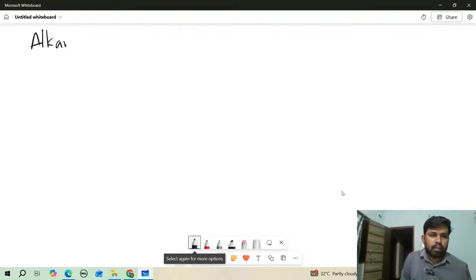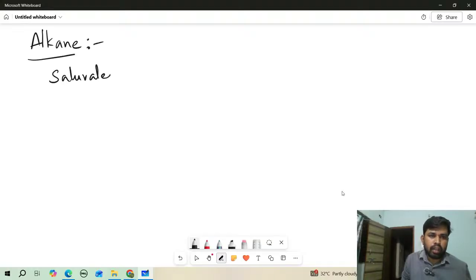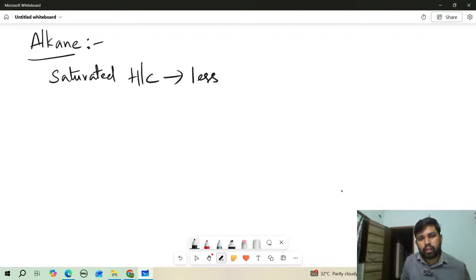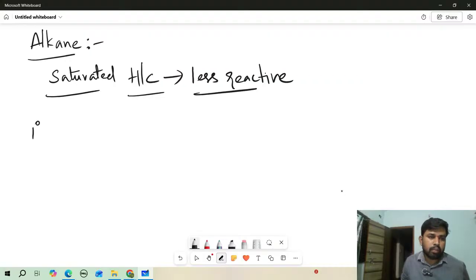On the alkane, see these alkanes are saturated, right? Saturated hydrocarbons, hence they are less reactive. It's very difficult to remove the hydrogen from these alkanes, especially primary and secondary alkanes.